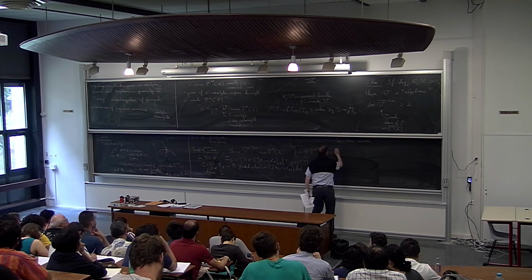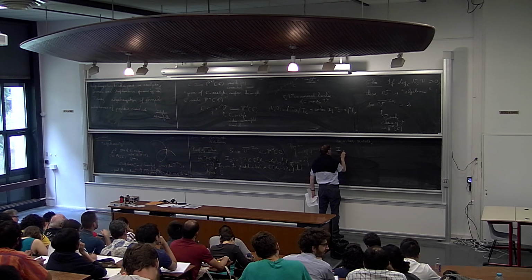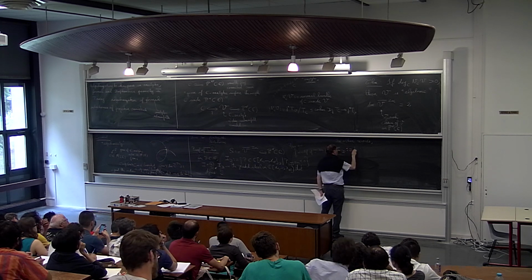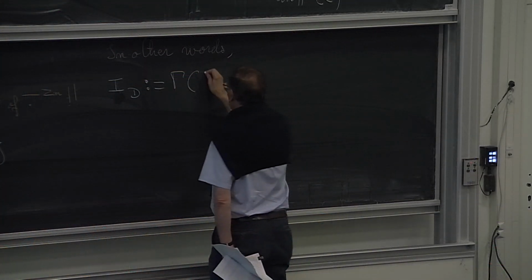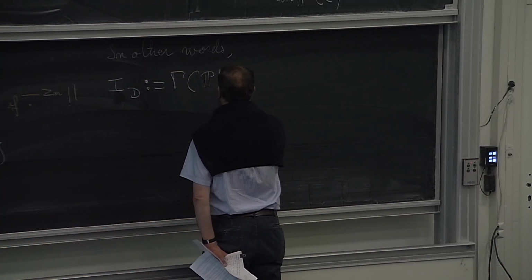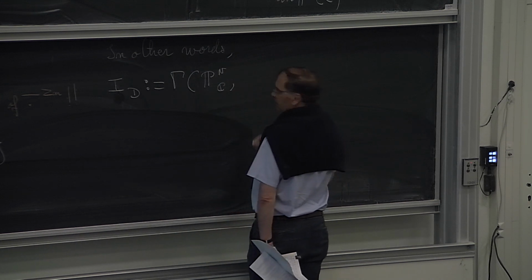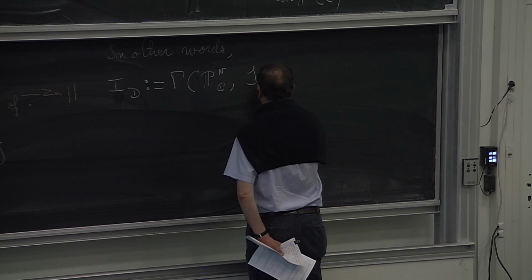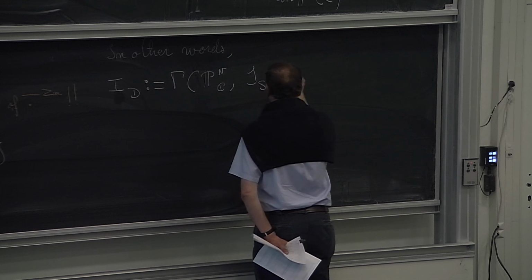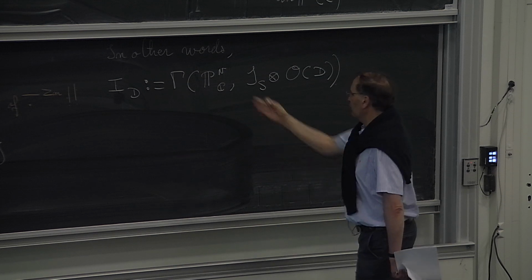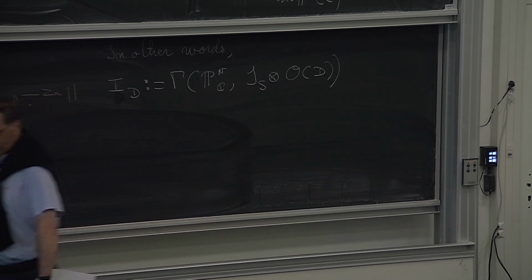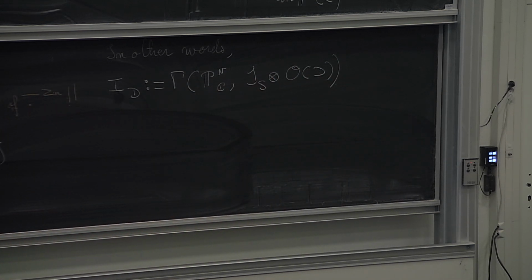You may say that I_d, by definition, is the set of sections over P^n of the ideal sheaf of S tensor O(d). So it's a modern way to express this thing.